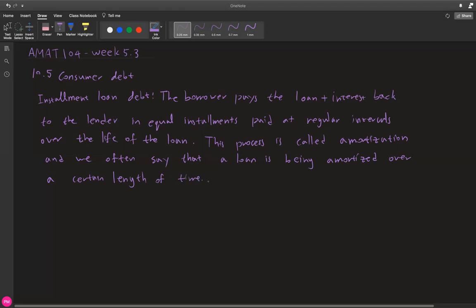So the benefit of the installment loan is that it typically has really low APR.